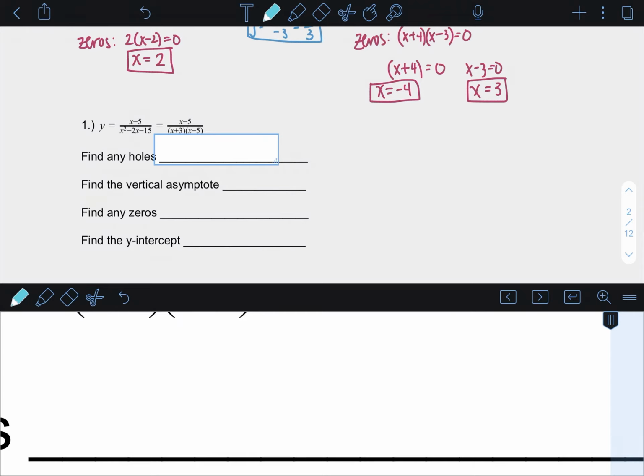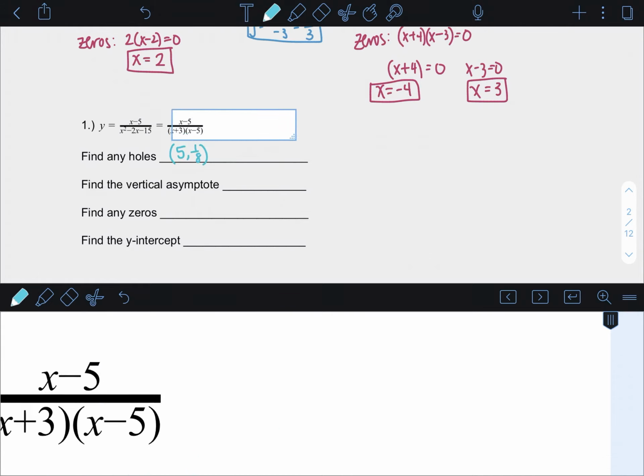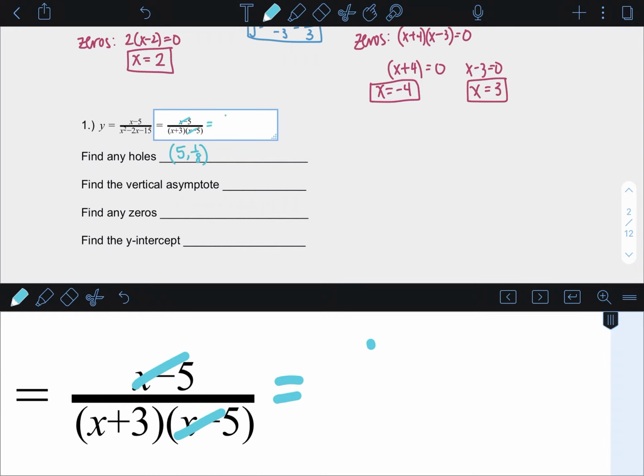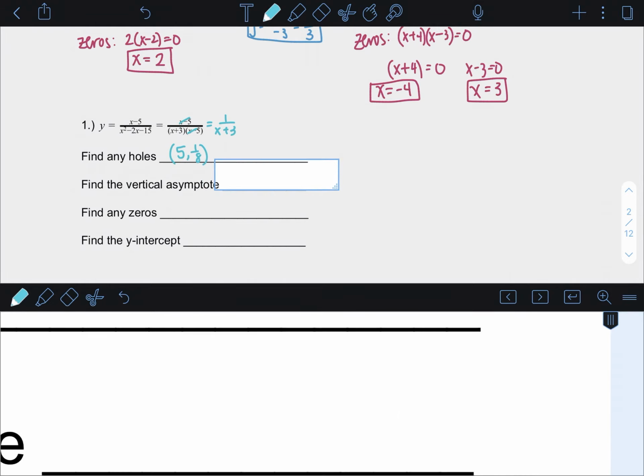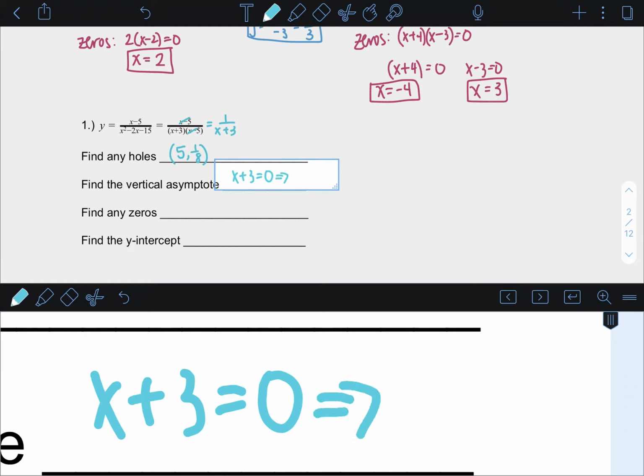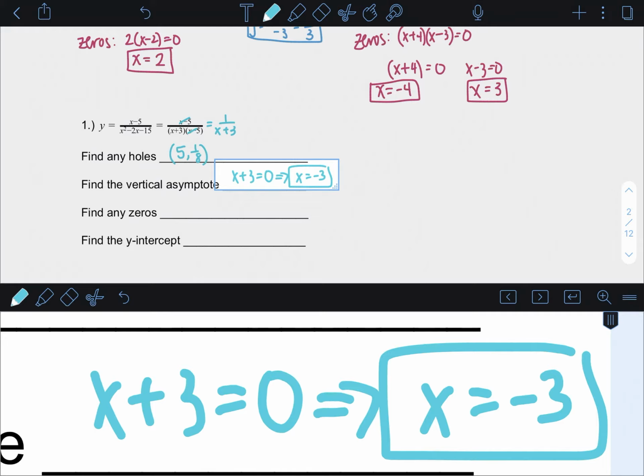Now for this next problem, we had already found the hole. That was 5 and 1/8. And this we had already simplified to 1 over x plus 3. So the vertical asymptote is when you take the denominator and set it equal to 0, and that is going to give us x is equal to negative 3.